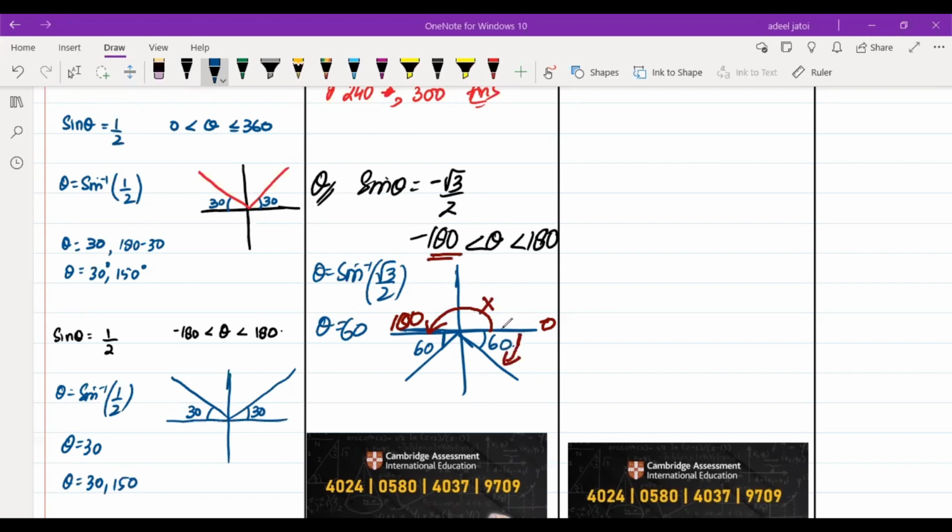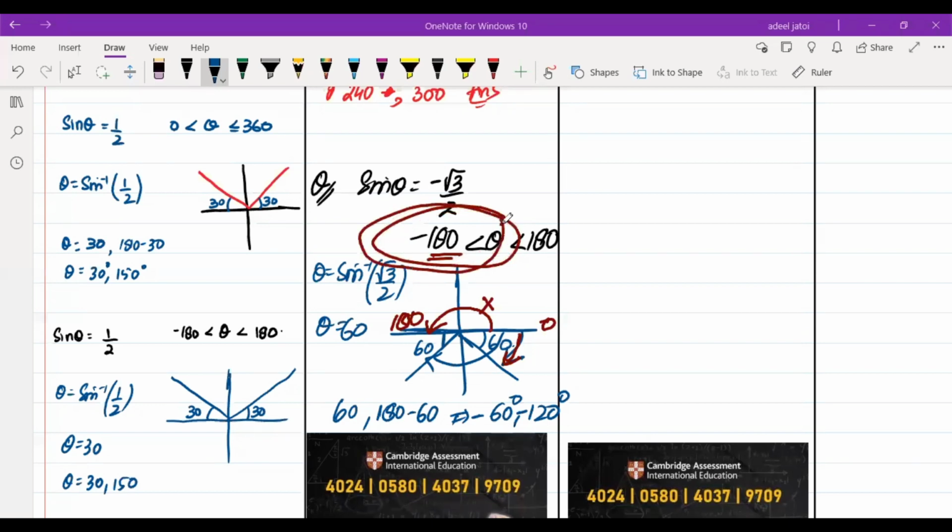When we go clockwise, we see 60 degrees, and with another clockwise rotation, we have 180 minus 60, which means the answers are 60 and 120. But since it is clockwise, your angles will be negative. There should be negative 60 and negative 120 degrees because it reflects the clockwise rotation, just because of the domain that is negatively given.